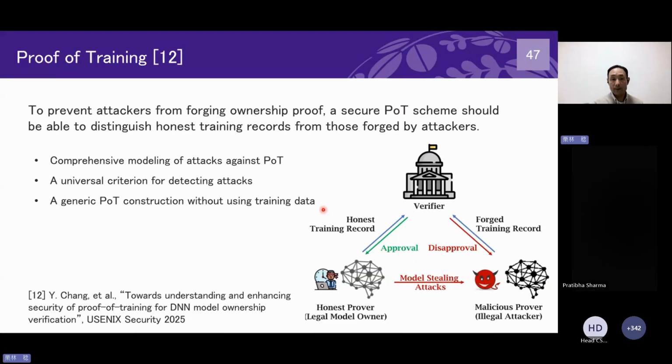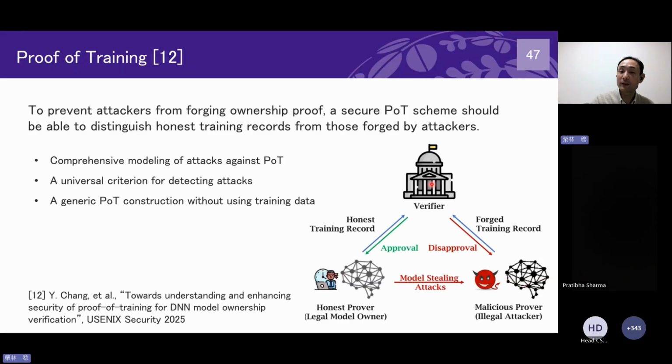So instead, Chan et al. propose the idea of proof of training. It is a secure proof of training scheme. It can distinguish honest training records from those forged by attackers. Here is a verifier, here is the honest prover, and this is a malicious prover.